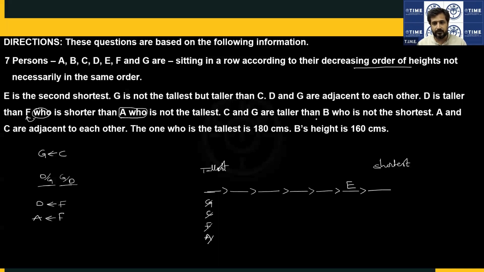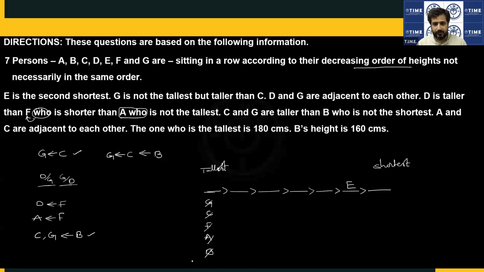C and G are taller than B. Now, when you club these, you already know G is taller than C, and C is taller than B. So from this also we can conclude B cannot be the tallest.